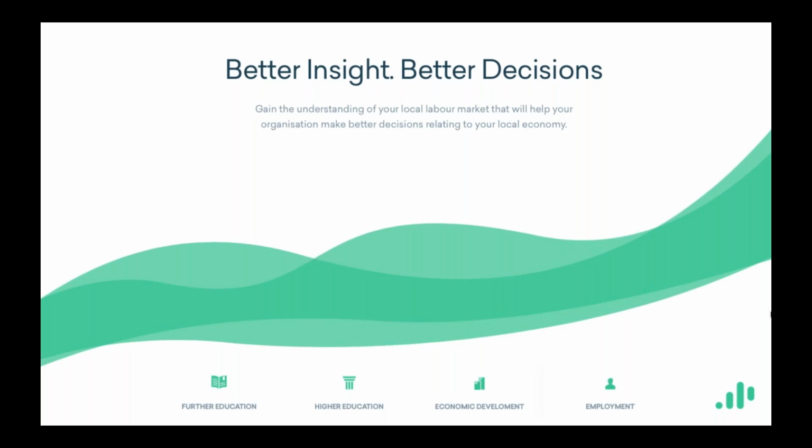So EMSI is all about labour market insight. So what we do is we bring together two different sides of labour market data.